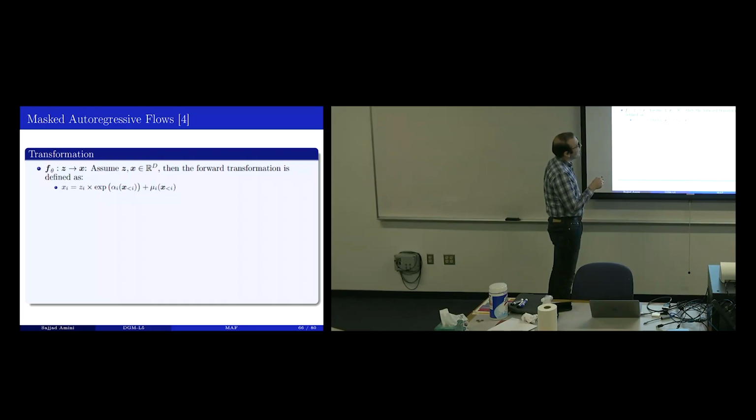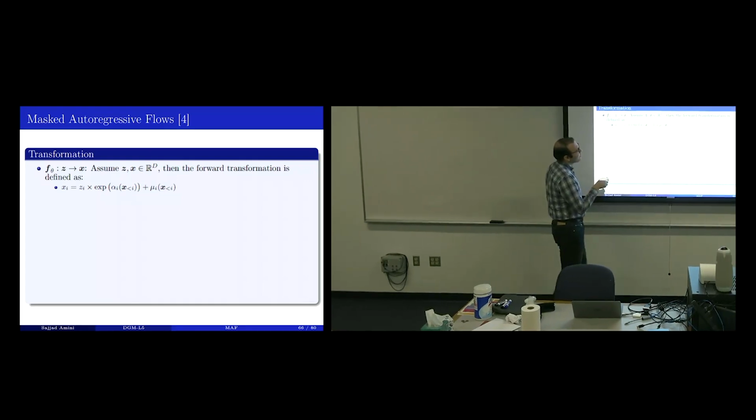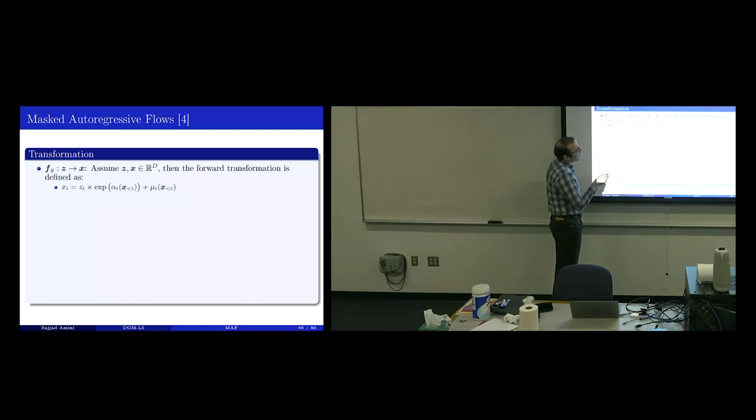For each element in your observed data, you multiply the corresponding element in the inverse data using an exponent which is a function of your previous observed data. This is the idea of autoregressive models. Why?